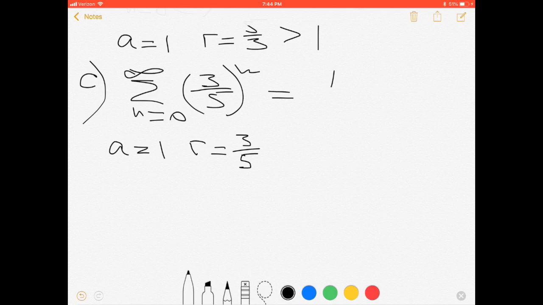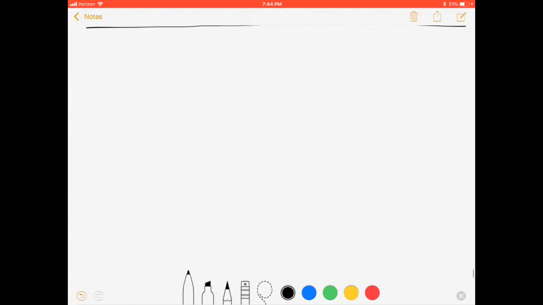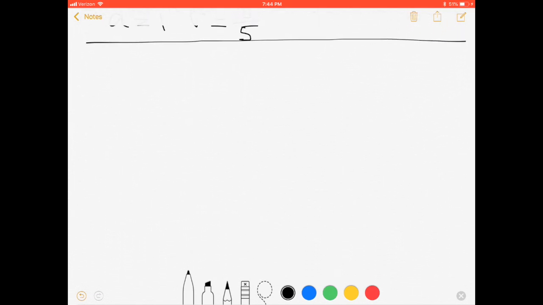So we have 1 over 1 minus 3/5, which is 2/5, so 5 halves, 2.5. Okay, great. One more type of series we study now is the telescoping series.